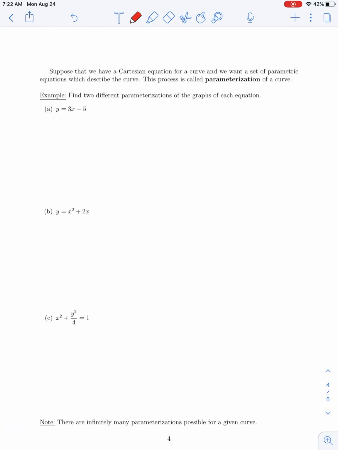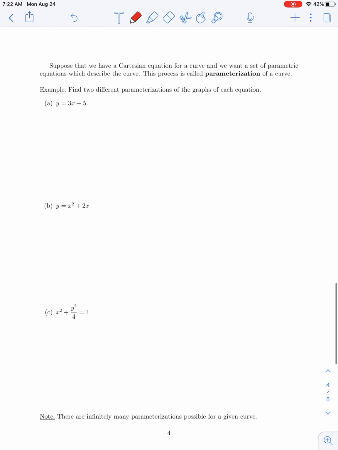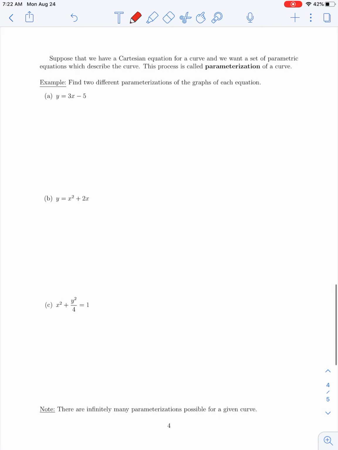So now that we've seen some examples of eliminating the parameter to find the Cartesian equation for a curve, let's consider the problem of moving in the reverse direction. So as we'll see a bit later in this course, it's often useful to take a rectangular or Cartesian equation for a curve and use parametric equations to represent it.